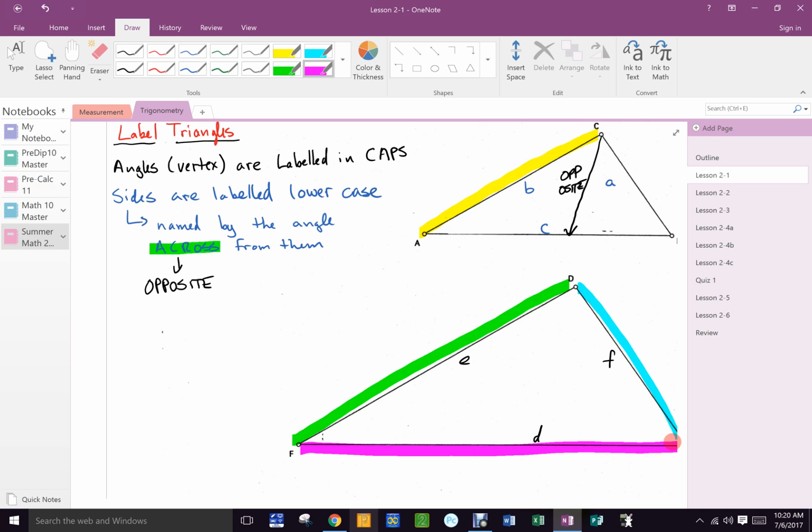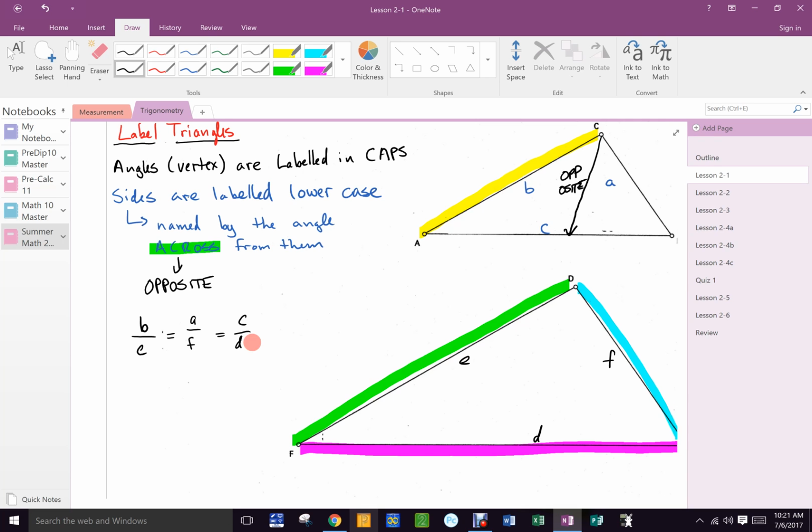Okay. That yellow side, little b, if I make a fraction with little e, that fraction is going to be the same as if I did A and F and C and D. All of you should already know that, correct?